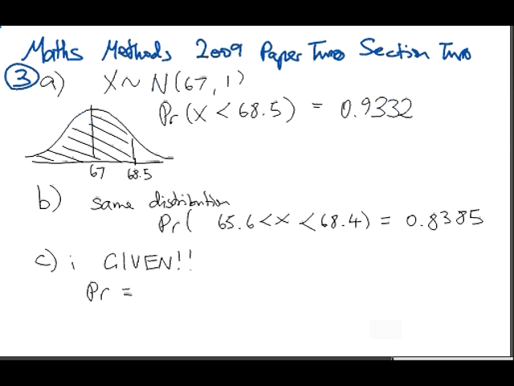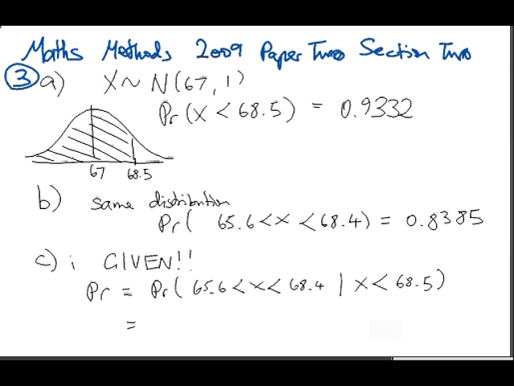So the probability is basically equal to the probability of x being between 65.6 and 68.4, given that you know that x is smaller than 68.5. You know that the intersection of these two events is just going to be x between 65.6 and 68.4, right?